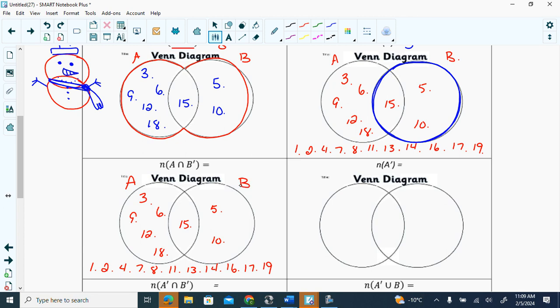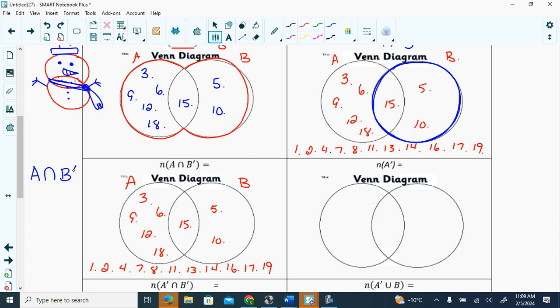The Venn diagram's the same every single time. This time, however, I want A and the complement of B. A and the complement of B. That's what this is. A and the complement of B.